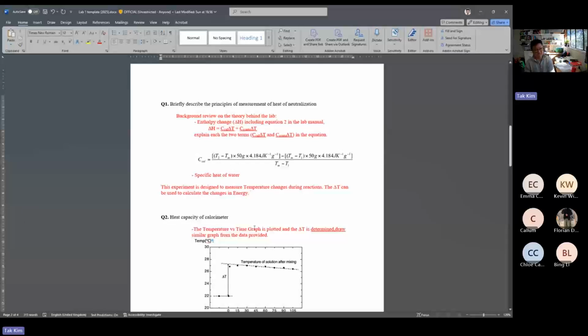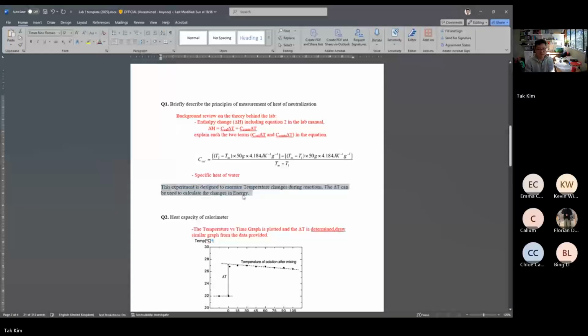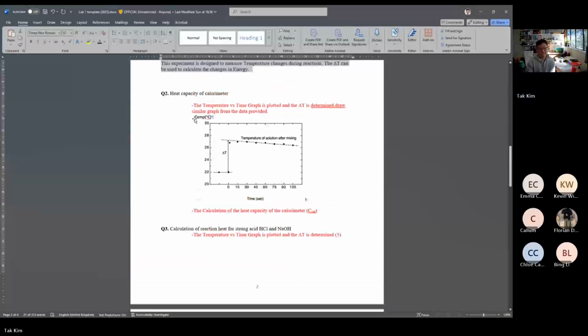I think it means 5 to 6 lines, including the calculation. So as long as you have something, it'll be more than fine. And heat capacity of calorimeter. Now I'm sure you should be able to do it.